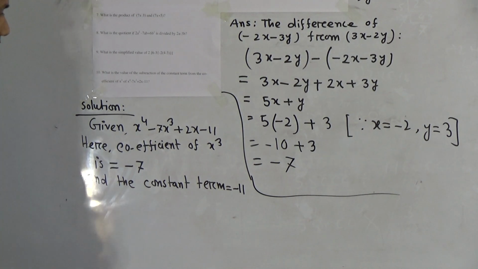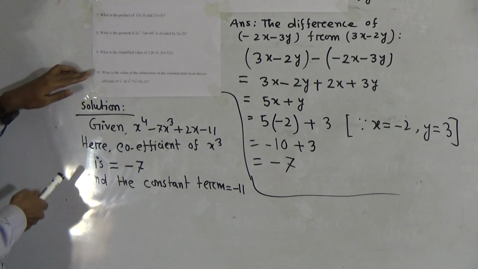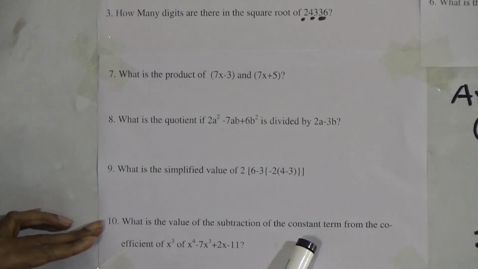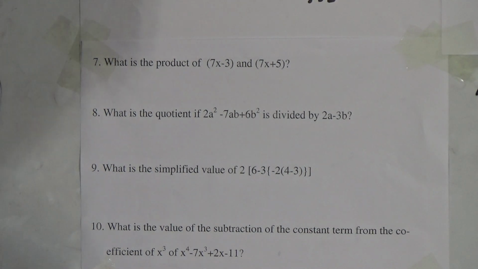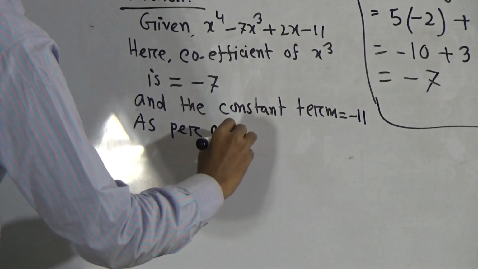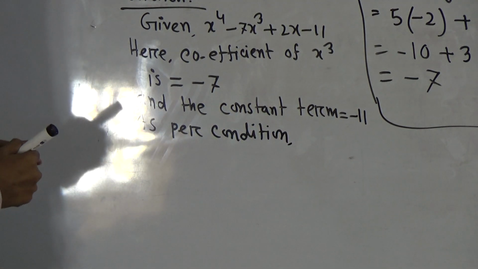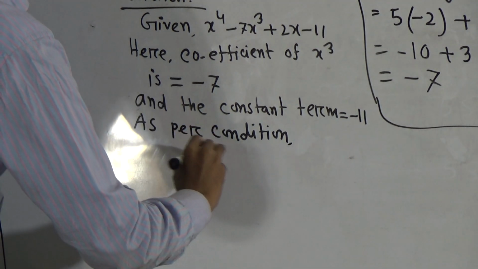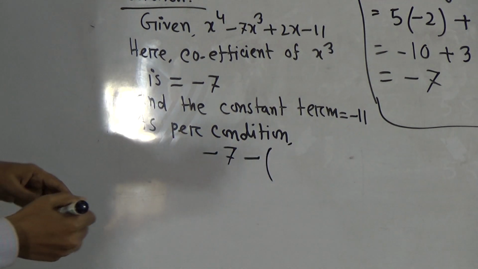Okay, now again look at the question. What is the value of the subtraction of the constant term from the coefficient of x cube? That means, as per condition, from the coefficient of x cube equal to minus 7, then minus the constant term, which is minus 11.